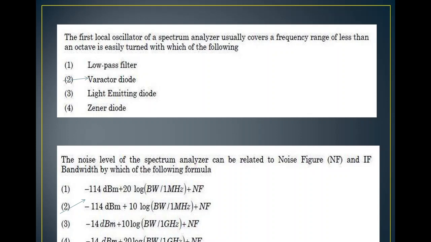Next, the noise level of the spectrum analyzer can be related to the noise figure and IF bandwidth by which of the following formulas? And the correct answer, option second, minus 114 dBm plus 10 log of bandwidth upon 1 gigahertz plus NF.